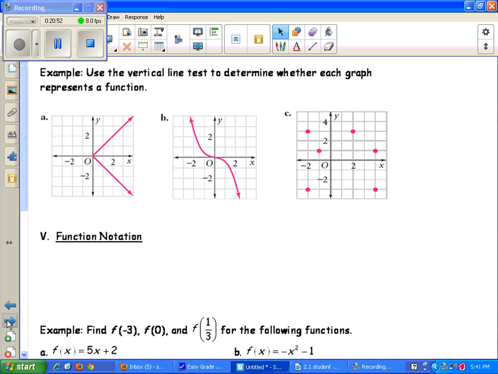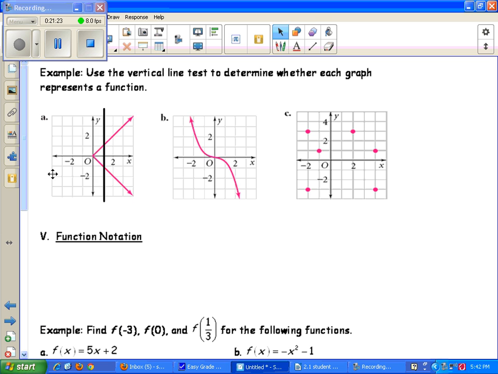The reason this is called the pencil test is because if you take your pencil and go from left to right on your graph, and the graph hits the pencil in more than one place, then it is not a function. So let's say this line right here is our pencil. As I move from left to right on my graph, if it hits more than one place on this pencil, then it is not a function.